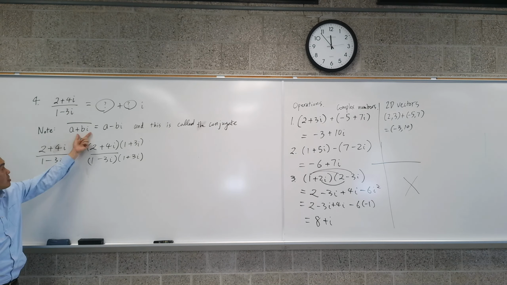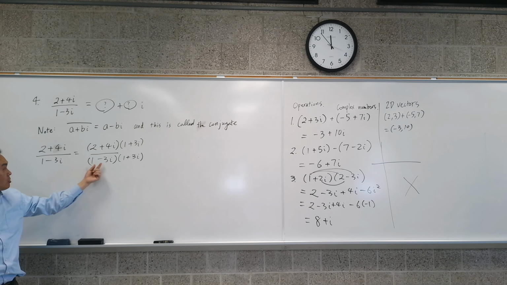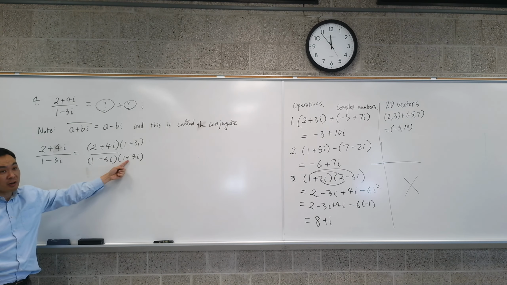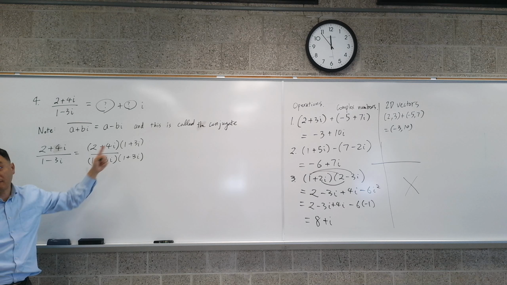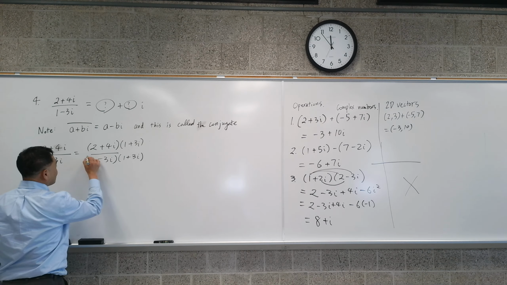You just take the imaginary part and switch its sign. That's what a conjugate is. So because this is minus, you just switch the sign from in front of I to minus to plus. This is called the conjugate of this number, and you're going to multiply that top and bottom. Now, why do we do that? Well, you'll see what happens if you keep computing. And so we're going to multiply this top and bottom.